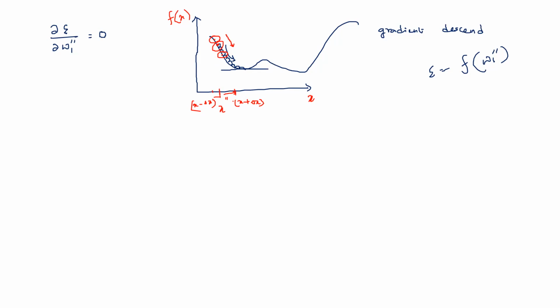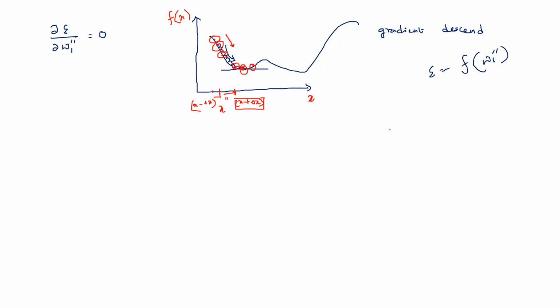Then in the next iteration, this will be my x. Slowly I will keep on iterating till I reach this point. Why reach this point? At the lowest point here, f of x minus delta x is higher than this point, and f of x plus delta x is also higher than this point. So this is the point where the minima happens.